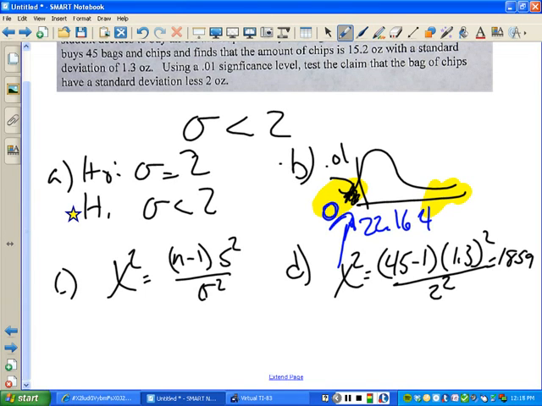Remember 0, this is 18.59, right? 0 is here, 18.59 is just before 22. And by just before it, I mean like quite a bit before it, actually. So, if 18.59 is in the shaded area, then you got to reject H0.